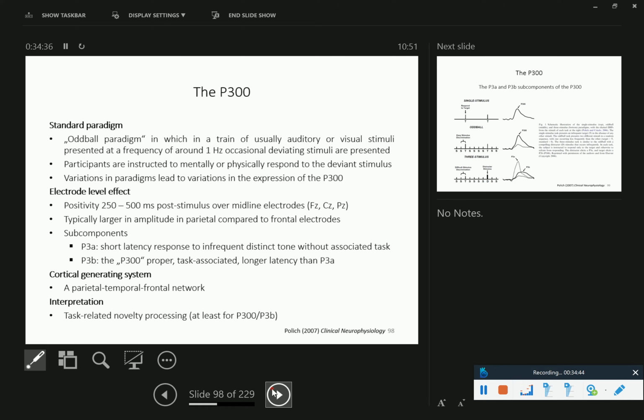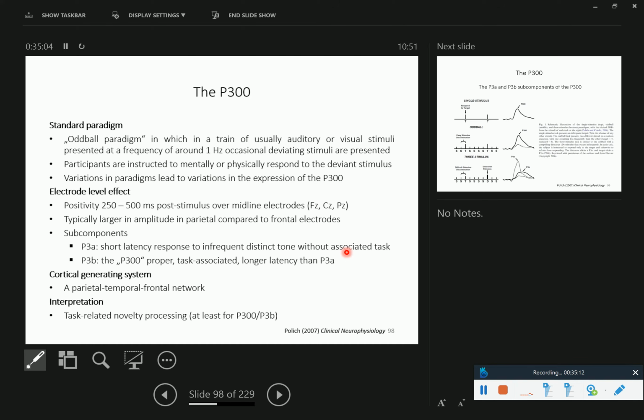So it says without associated tasks, but I'm not sure right now how much this task means a physical response. I mean, we'll see a P3A for no response, but I think the P3A might also be almost abolished if you don't do anything.